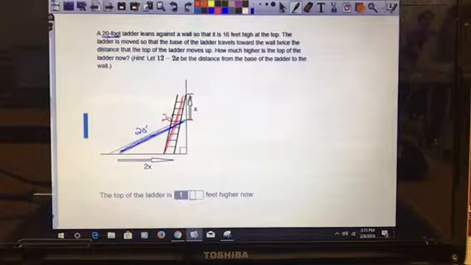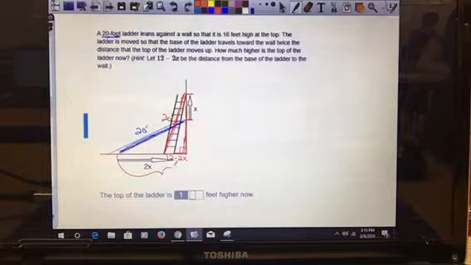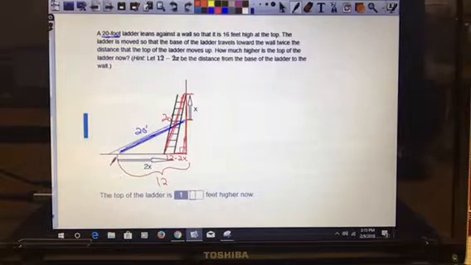So this is my red triangle, my right triangle. And in the problem, they tell you to let 12 minus 2x be the distance from the base of the ladder to the wall. So 12 minus 2x. The reason is that this whole piece would have been 12 if you had done your Pythagorean theorem. That would have been 12, because it says that this piece right here is 16.